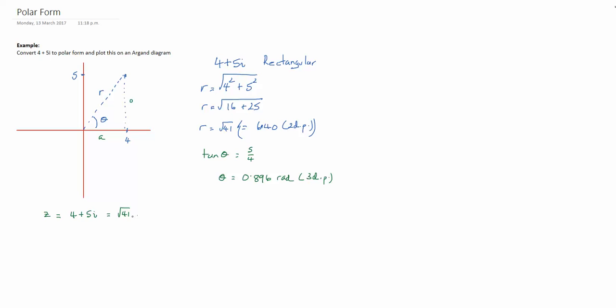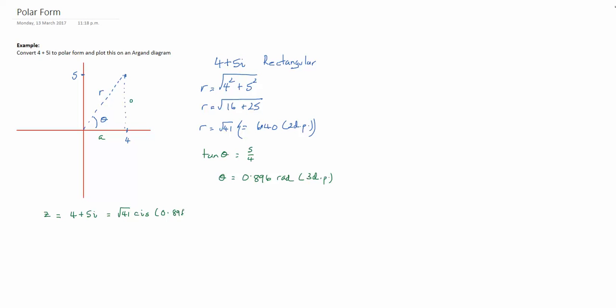And how do we write that in polar form? Well, the way that we write that in polar form is as so: CIS and then this angle. Now you may be wondering, what the heck is CIS?